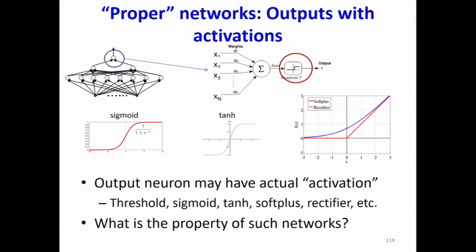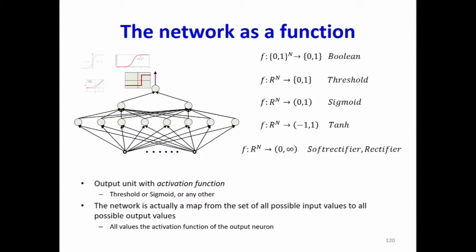So when I include an activation function, the final unit in the network has some activation function operating on the affine combination, which could be a sigmoid, a tanh, a soft plus, a rectifier, whatever else. And that activation function is going to have a codomain, a range actually, the range of values that it can produce. And so what a multi-layer perceptron really is, is a universal map from the input space to the range of the activation function in the output layer, right?